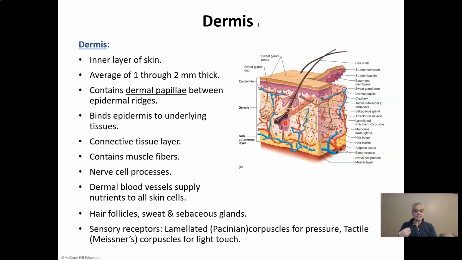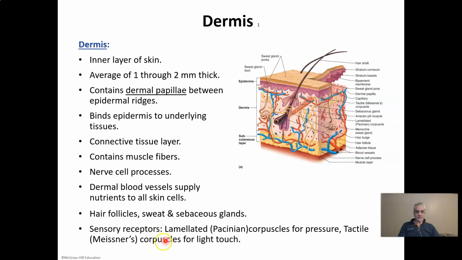But the tissue that creates hair is of epidermal origin. So there's a difference between where it resides and where it came from. The tissue it came from is epidermal tissue. Where does it reside? It resides in the dermis.